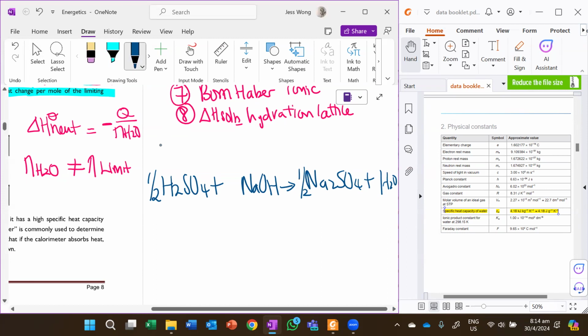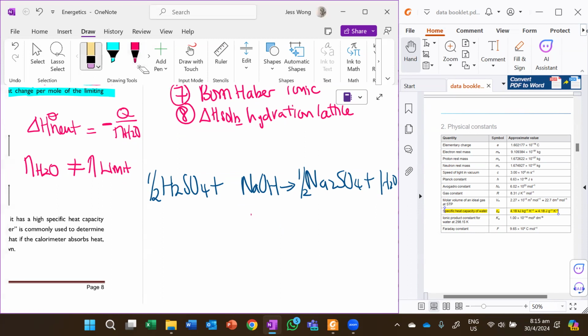And that's how we get the 1 mole of water. Now, if in this reaction the limiting reagent is this, then you can see that because of the mole ratio, by coincidence, the number of moles of water is the same as the number of moles of limiting reagent, right? Because it's 1:1.